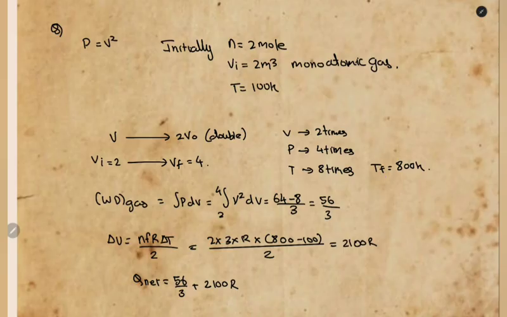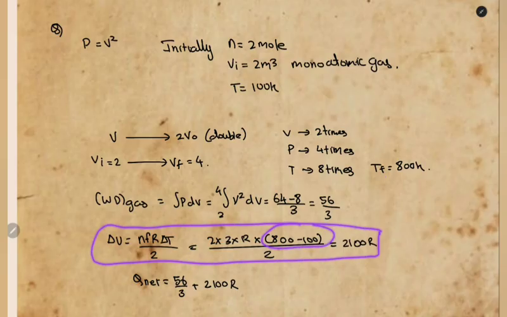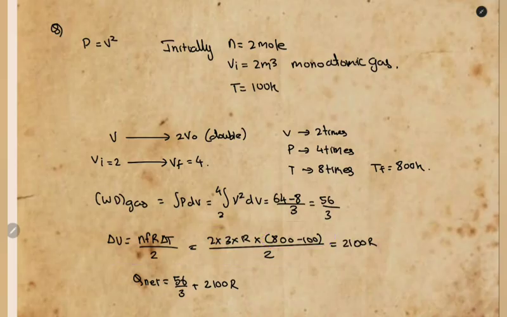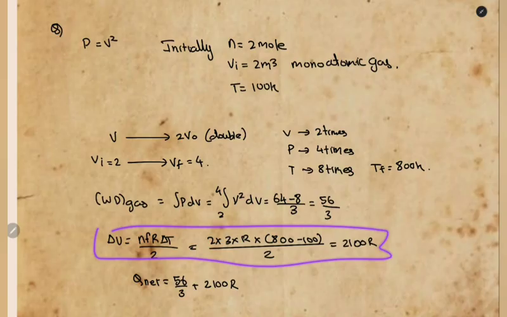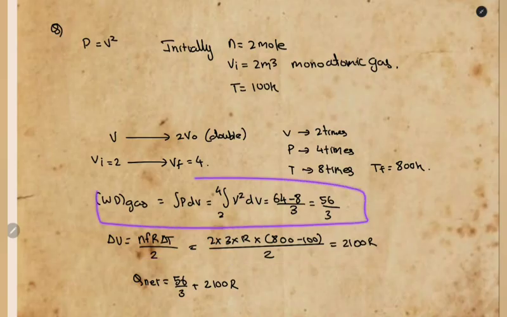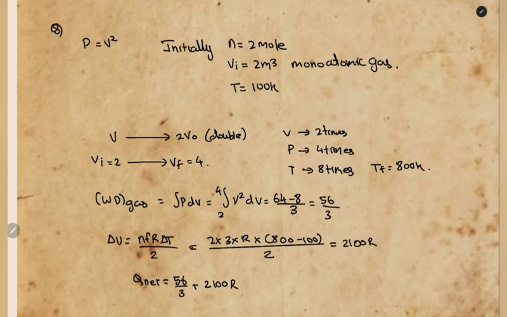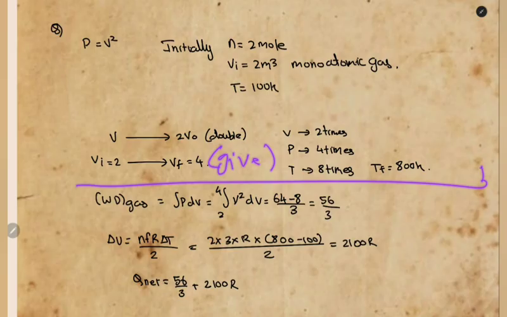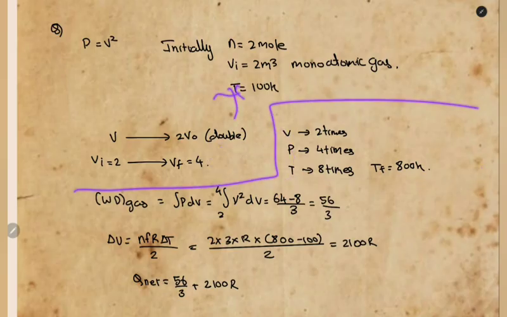If you got the final temperature, I hope you can get this equation right. This is simply based on the delta T and f and R value. Moles is given, everything is given, so you can get this equation. So what about this equation? It's changed from V initial equal to 2 to 4, right? These things are given, the above things are given.